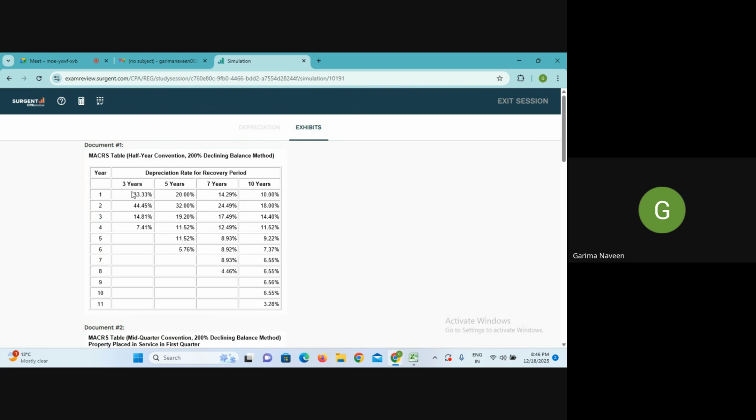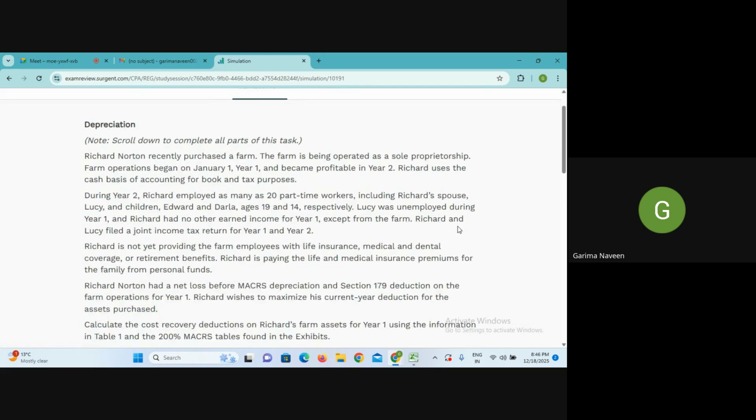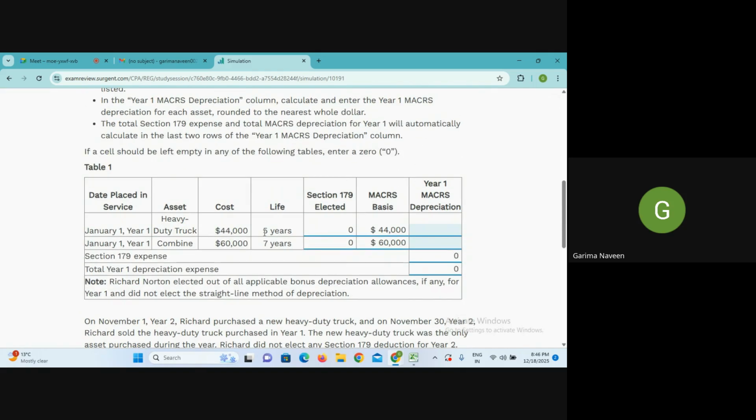For 7 year property it is 14.29% for the first year. So first you have to check for makers depreciation the life of the property. Here the life is already given. For truck it is 5 year, for combine it is 7 year.